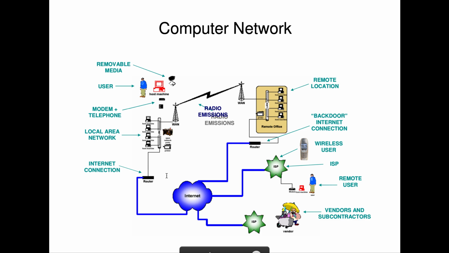And then the router, which belongs to the ISP, will route the information. For example, go to GSU, assuming this yellow box is GSU.